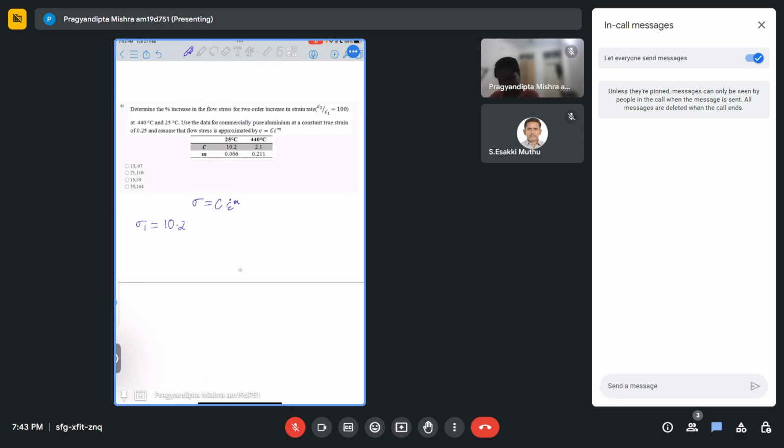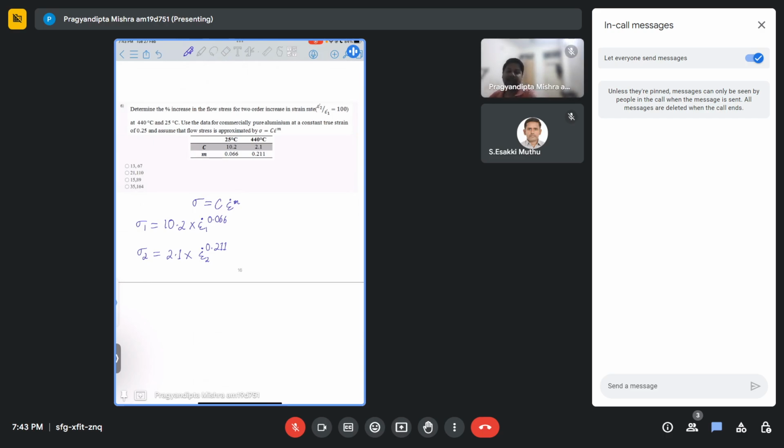Sigma 1 is given as 10.2 times epsilon 1 dot to the power 0.066, and sigma 2 is equal to 2.1 times epsilon 2 dot to the power 0.211, right?